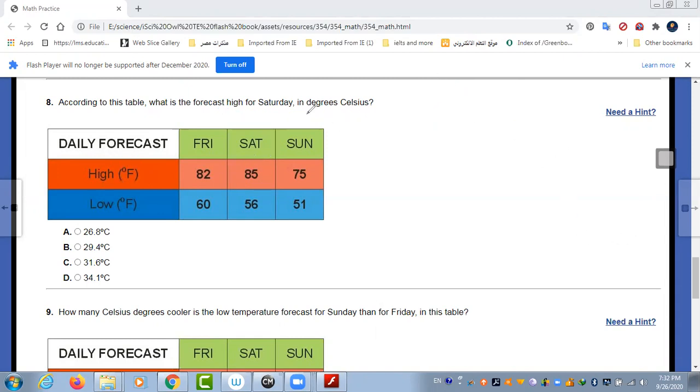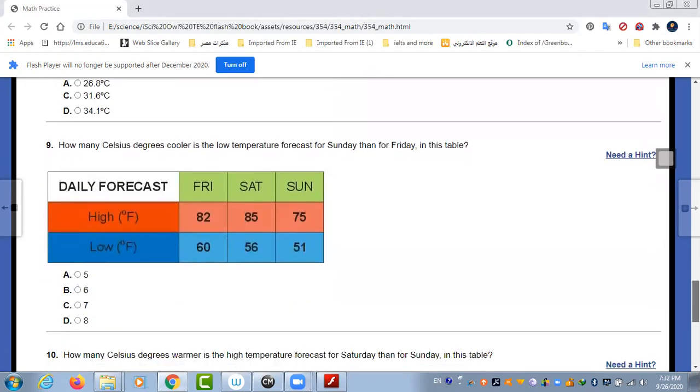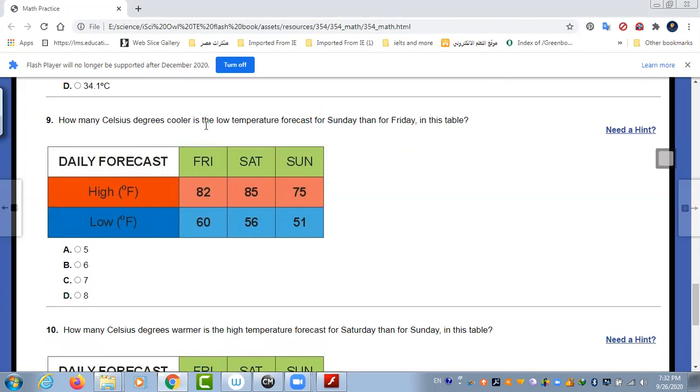Let's see another problem, which is also like it. Here, how many Celsius degrees cooler is the low temperature forecast for Sunday than for Friday? Here he wants you to make a comparison between Sunday and Friday, and he said in Celsius, but he gives you Fahrenheit.